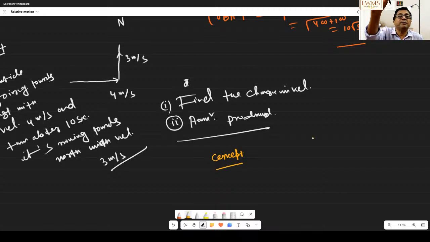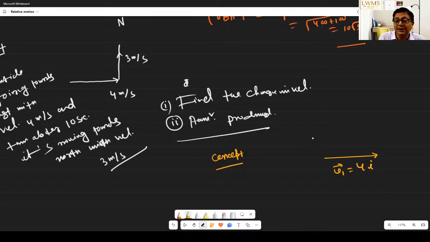If you want to treat with vectors, I will show you two different methods. If you want to do it with vector ijk, you know a vector can be slid parallel to itself. Towards east means along the x-axis. This is 4i. This is your V1.